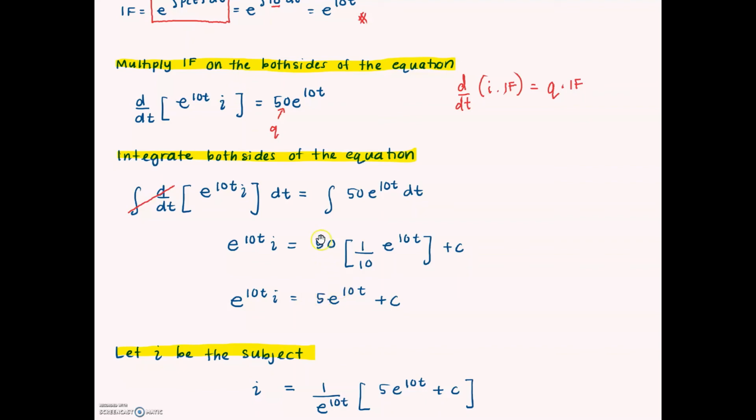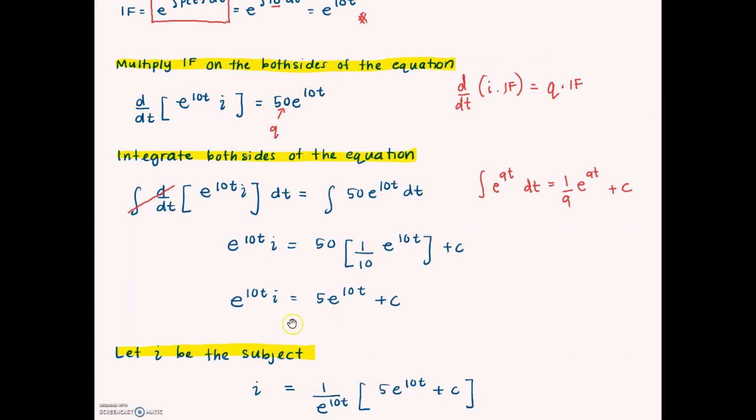So 50 outside here, and then the integration of e to the power of at. The integration of e^(at) dt will be 1 over a e^(at) plus c. That's why we have here 1 over 10 e to the power of 10t plus c. And then we will simplify.